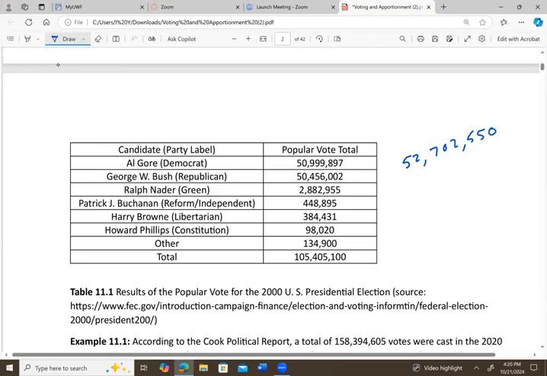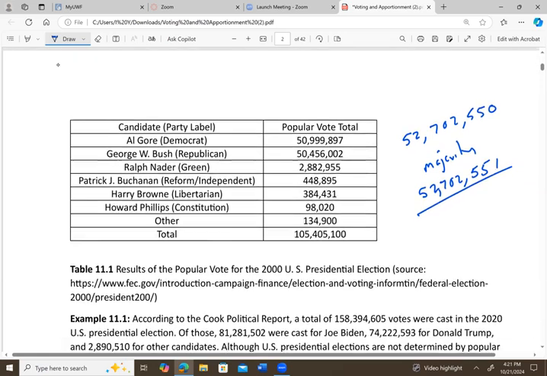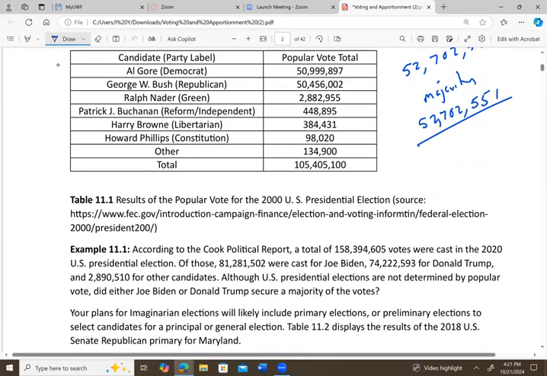So to have a majority, you would need more than that. So at least 52,702,551. You would need that many votes in order to have a majority. So nobody had a majority there.